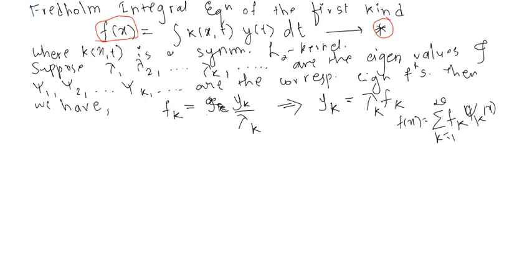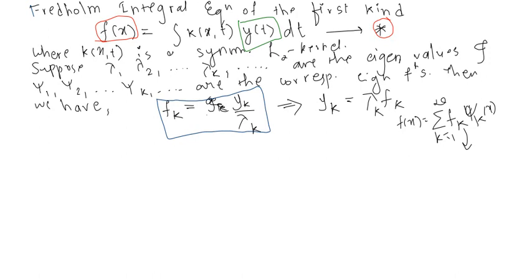And what is this f_k? This f_k has a relation with the Fourier coefficients of the function inside the integral. That relation is f_k equals y_k by lambda_k.